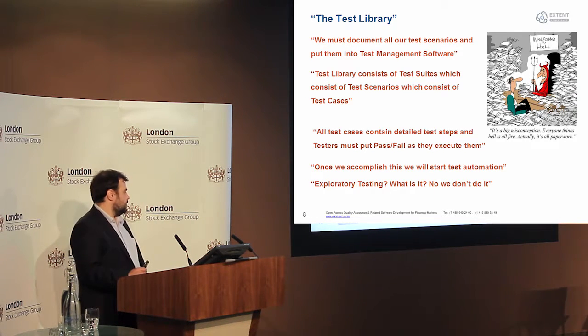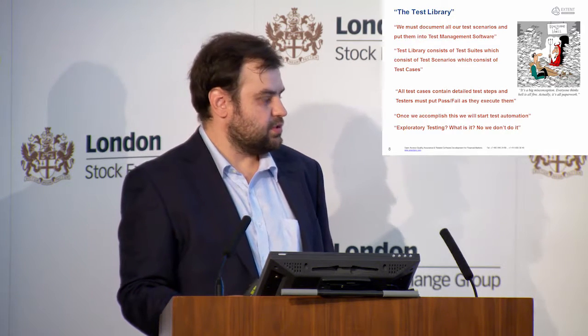In the end, you have a very limited test library because you are only as good as the number of typewriters you have in your test team. So, using this pattern, you will end up working on documents, not on the testing.